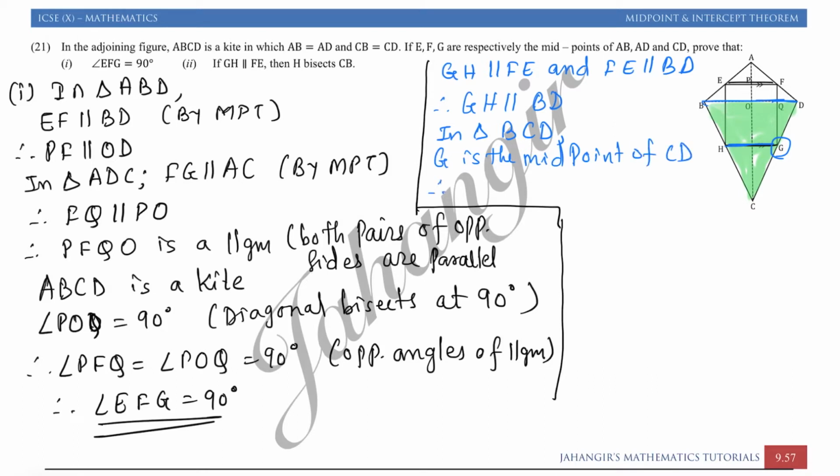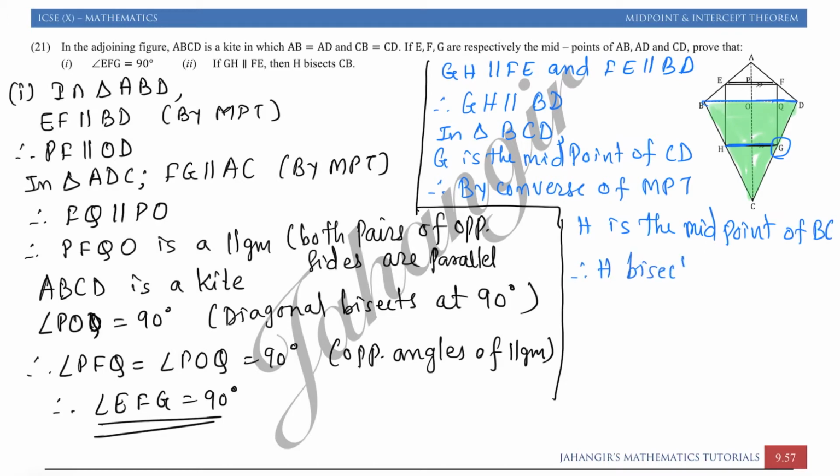So therefore by converse of midpoint theorem we can say H is the midpoint of BC. So therefore H bisects BC.